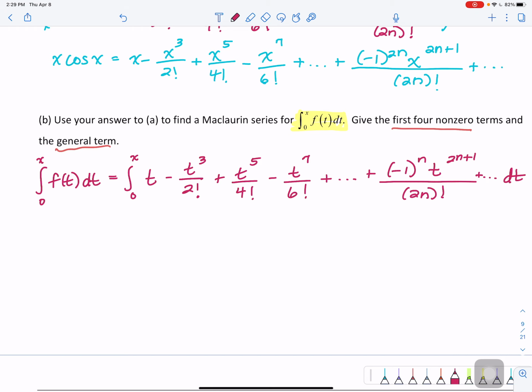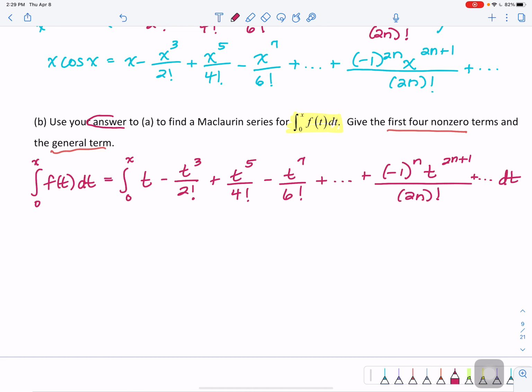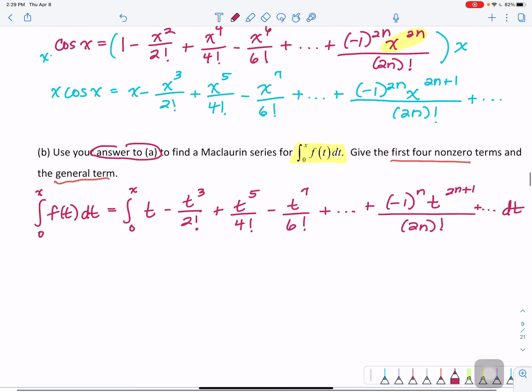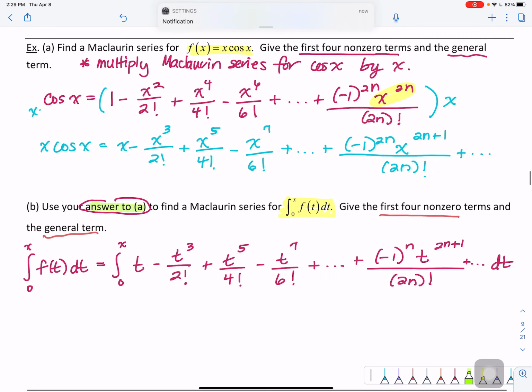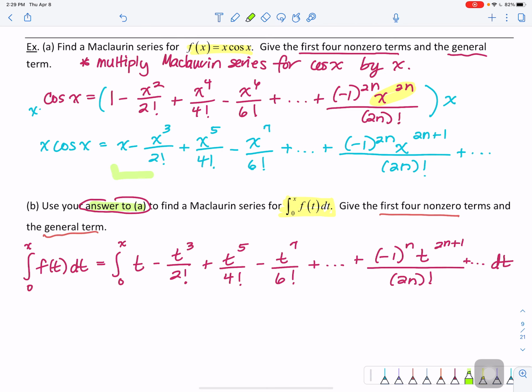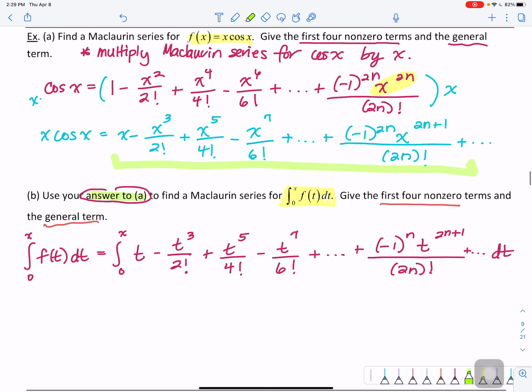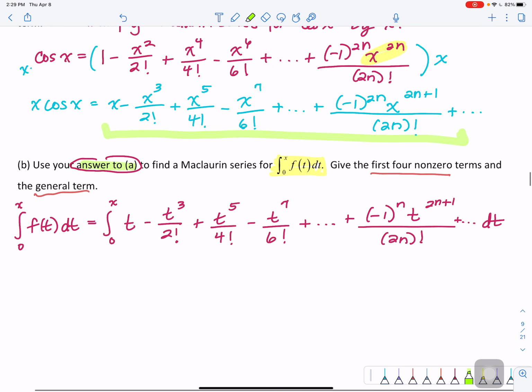Okay, so we're using our answer to A. So if you look up here, this is our answer to part A right here. And we are using that answer to find this integral, okay?